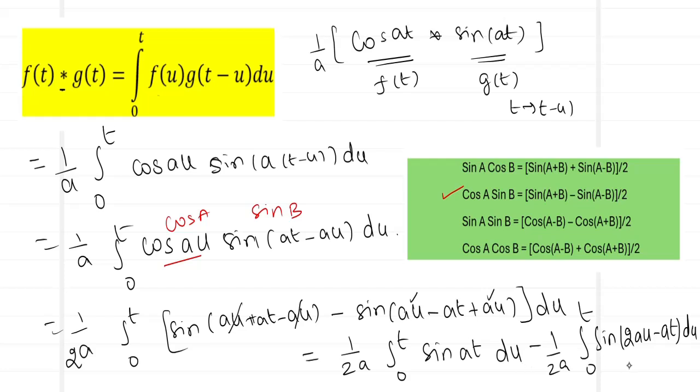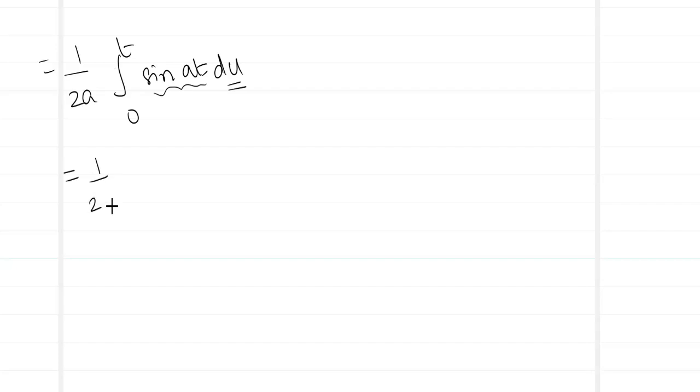Now we have two integrations which have to be evaluated. The first integration is 1 by 2a integral from 0 to t sine of at into du. Now you can see the integration is carried out with respect to which variable? u. But over here, this quantity doesn't contain a u, which means this sine at is treated like a constant. So this constant can be brought outside the integration, leaving you with just du for integration.